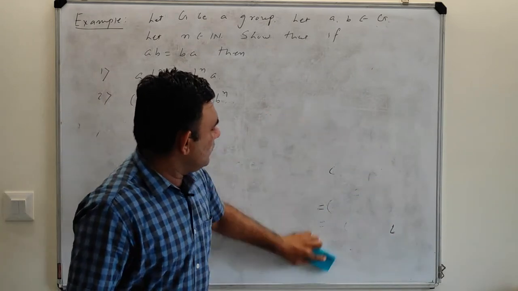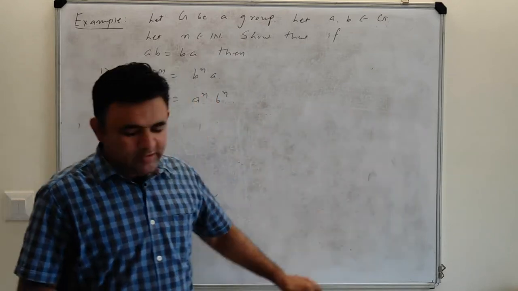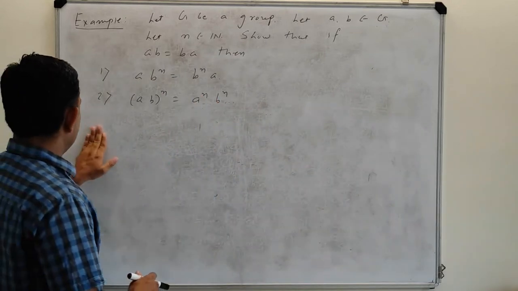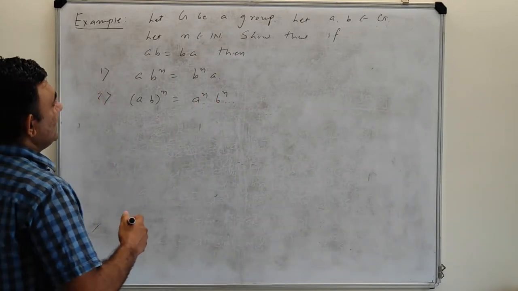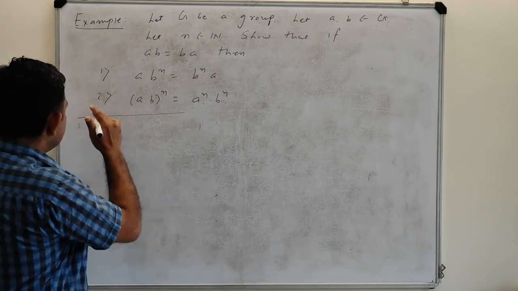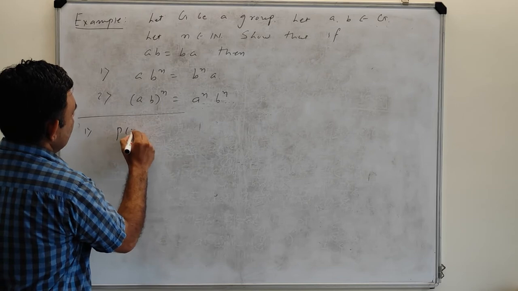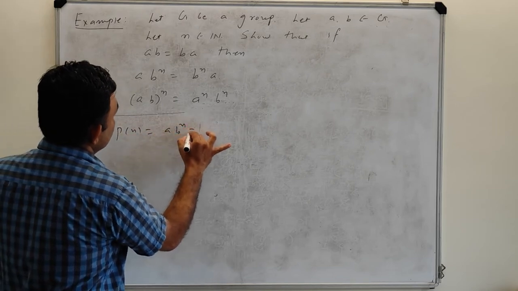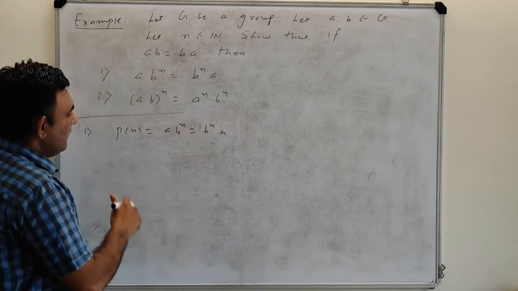So how do we prove? Let me give the guidelines for that, and then I will write it systematically. Let us first prove this. Let Pn be: AB raised to n is equal to B raised to n times A. Now we will use PMI.